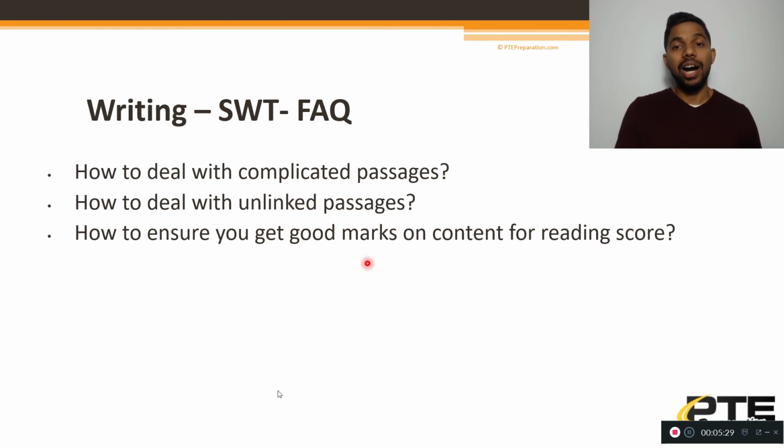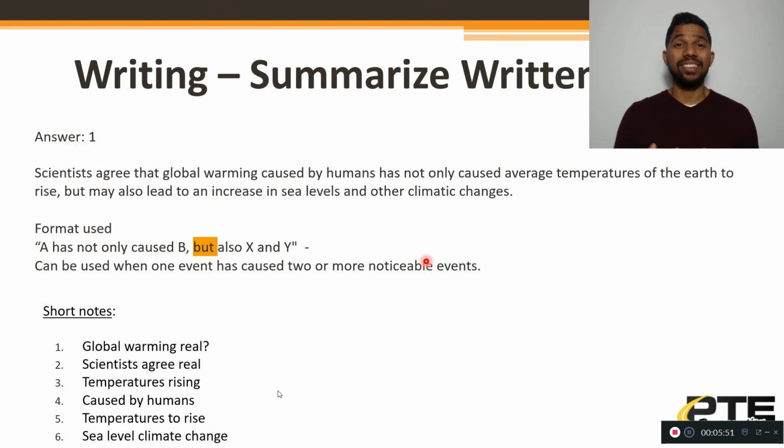How do you get good marks on content for the reading score? This part of the exam is also scored for reading. The summarize written text task contributes to your reading score. So the main thing to do well on content is to summarize the passage correctly. As long as you're following the structure that I recommended, don't obsess over content here.